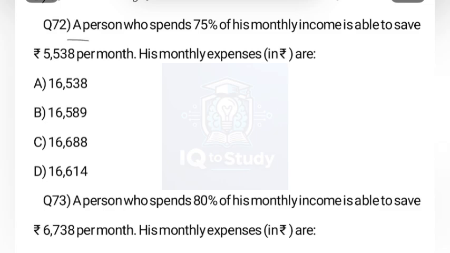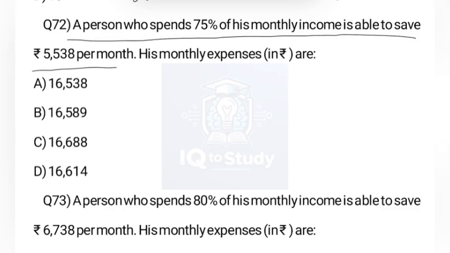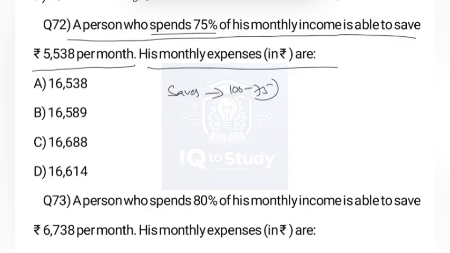A person who spends 75% of his monthly income is able to save 5,538 per month. His monthly expenses are: if he spends 75%, then he saves 100 minus 75, which is 25%. Here 25% is equal to 5,538 according to the question.